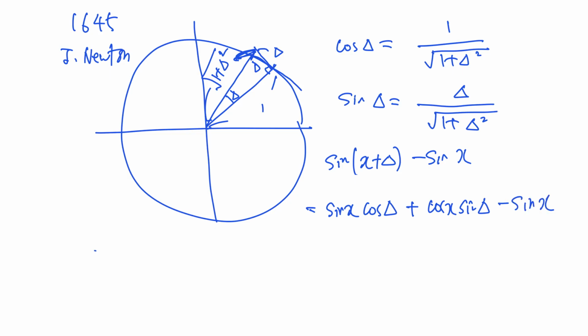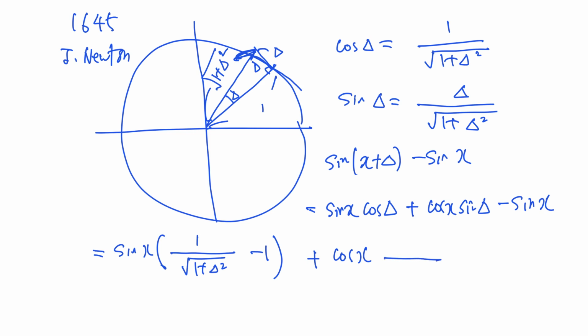So this is sine x times square root of 1 plus delta square over 1 minus 1, plus cosine x times delta over square root of 1 plus delta square.